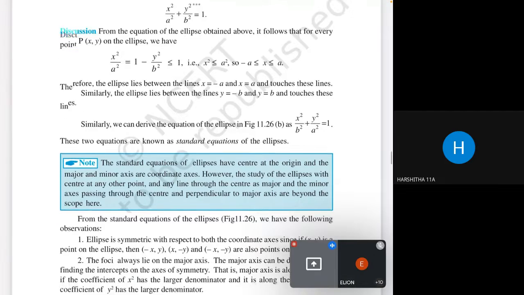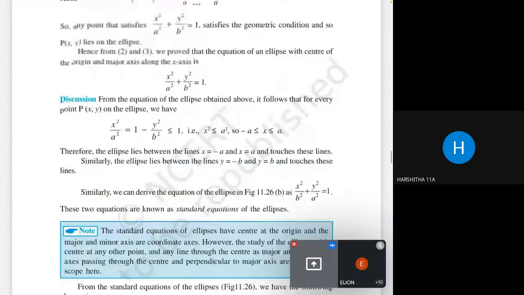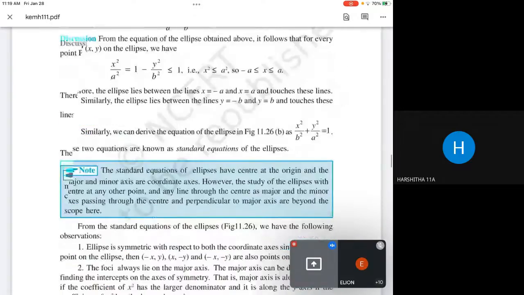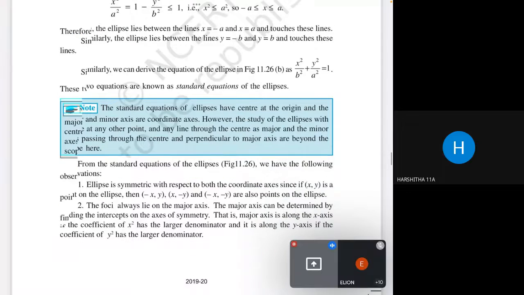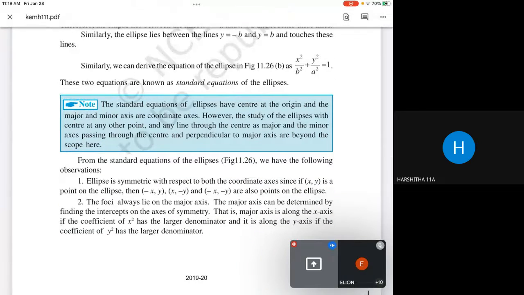So we can derive the equation of the ellipse in figure 11.26, x square by a square plus y square by b square is equal to 1. These two equations are known as standard equations. And one point you need to observe here is that the standard equations of the ellipse have the center at origin, and the major axis and minor axis are the coordinate axes.